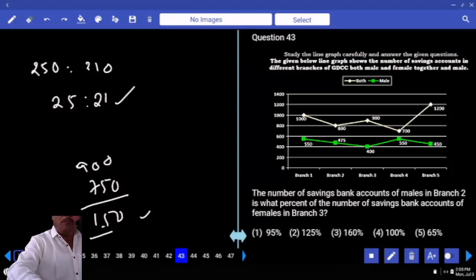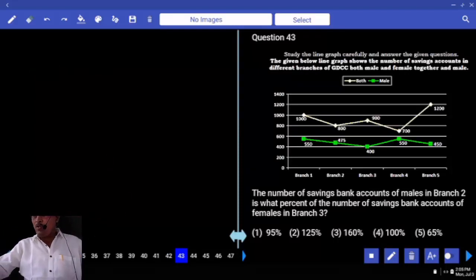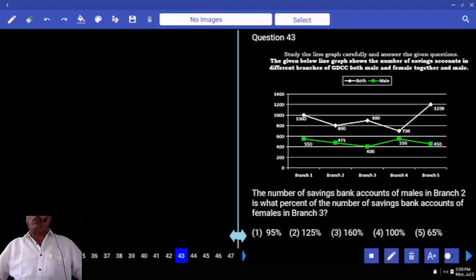The number of saving bank accounts of male in branch 2 is what percent of the number of savings bank accounts of females in branch 3? So let us first of all look for saving bank accounts of males in branch 2. In branch 2, the total accounts are 800. Among 800, 475 are male accounts. Now the difference between 800 and 475, 325. 325 are female accounts, but we need only male accounts.